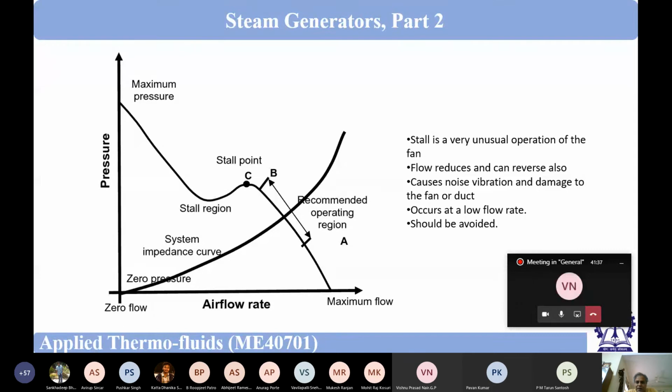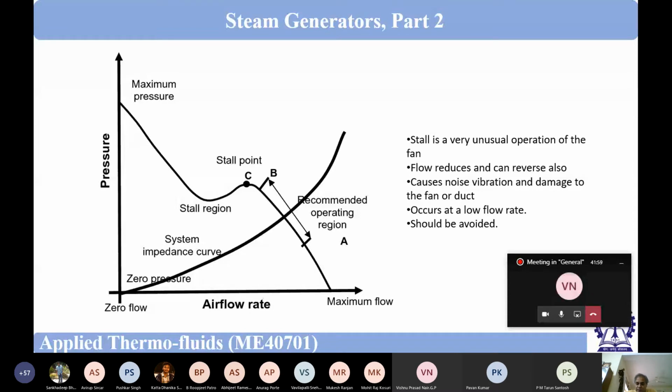The primary air fan and FD fan are handling cold, ambient, clean air. But the ID fan is handling the hot air.